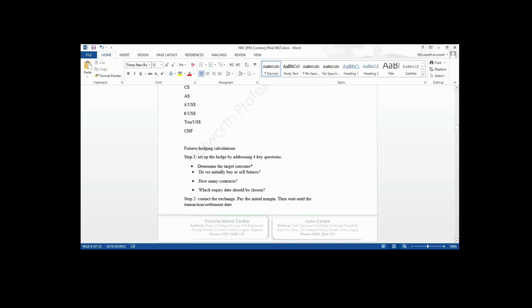Question 1 to be addressed: determine the target outcome. What are you targeting to achieve? You are trying to protect yourself against fluctuation in exchange rate. Your target is the exchange rate should not fluctuate.